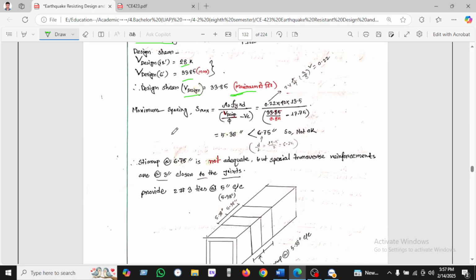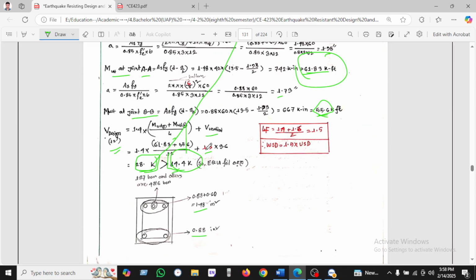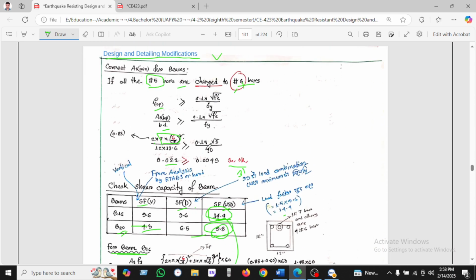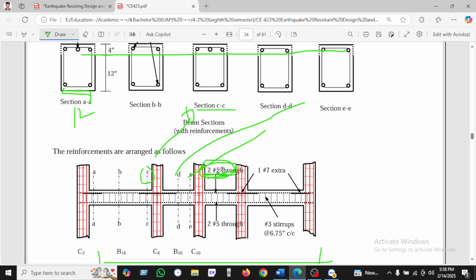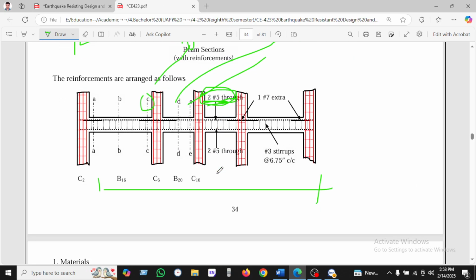And the maximum shear spacing we have been using this formula and found 5.38 inches, which is less than 6.75. So not okay, as we have been seeing 6.75. We have to see 6.75 spacing.